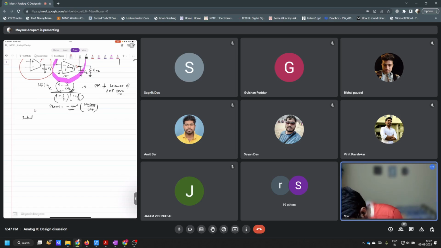Intuition behind RHP 0 adding delay to the system, time domain intuition.